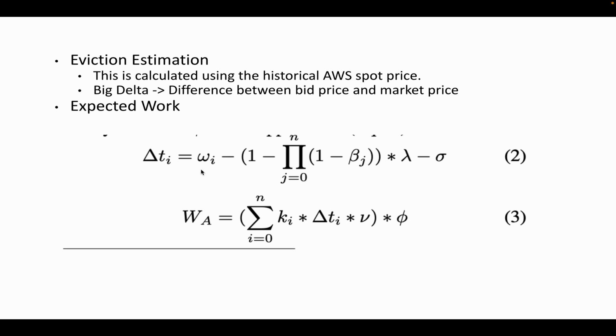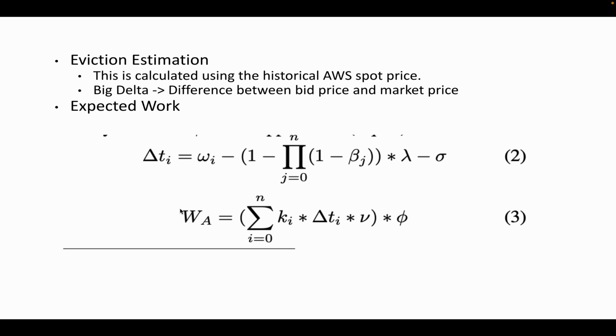From this maximum compute time we subtract the eviction term: the probability of eviction of allocation j is multiplied by the eviction overhead. This gives the total eviction overhead, and then we also subtract the overhead of adding or removing resources. This is how we get delta t_i, which is the total compute time.